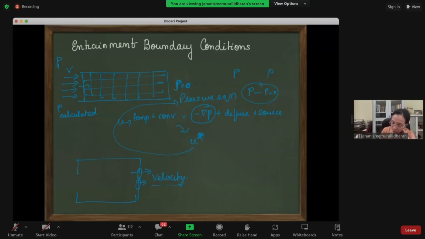So if you have velocity being pulled out, then when the problem starts, you have no clue what the velocity at the inlet is going to be. I have not told you the shape, whether it's uniform velocity everywhere. I don't know what the velocity is going to be.